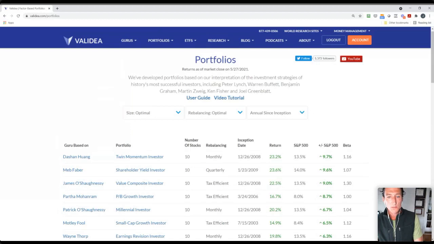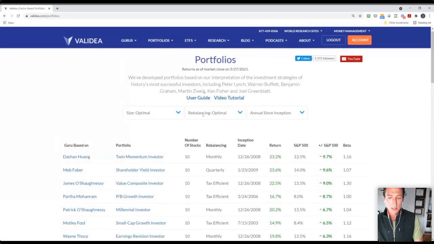Some sites that have various screens or portfolios they run may only hold one or two stocks at any given time. Well, that's not really an implementable investment strategy for most investors. So for each of the model portfolios we run, we want the portfolio to hold the best 10 or the best 20 stocks on each rebalancing date. And I'll explain what I mean by rebalancing in a minute.